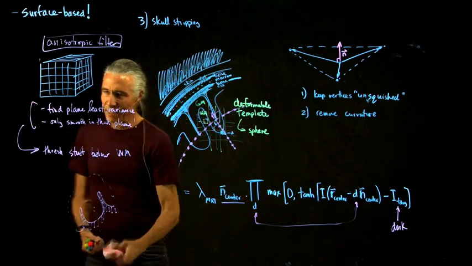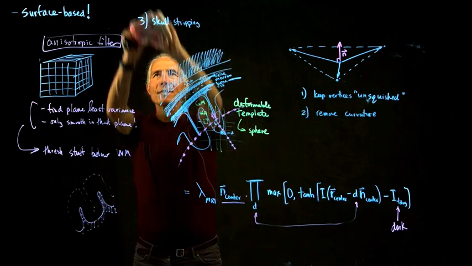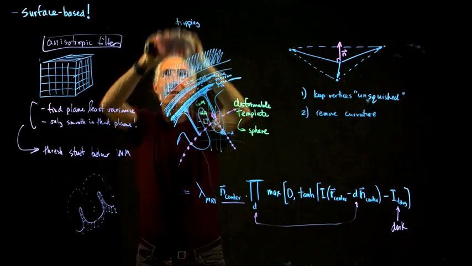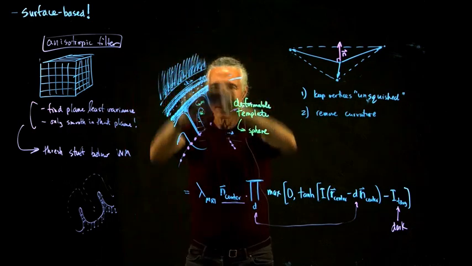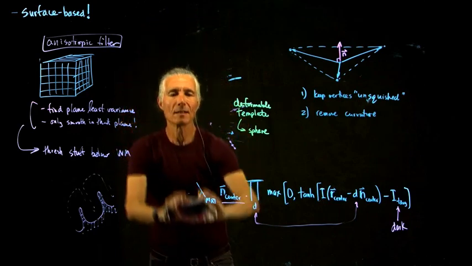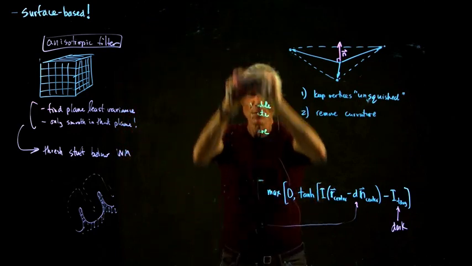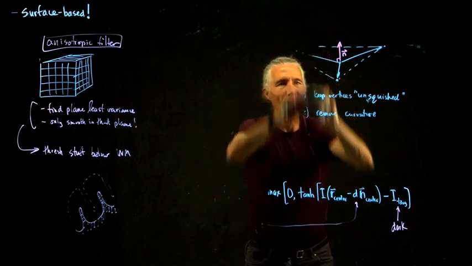So now we finally are ready to make a surface. So how do we make the surface? One way is by basically doing something like the Photoshop paint bucket in 3D.